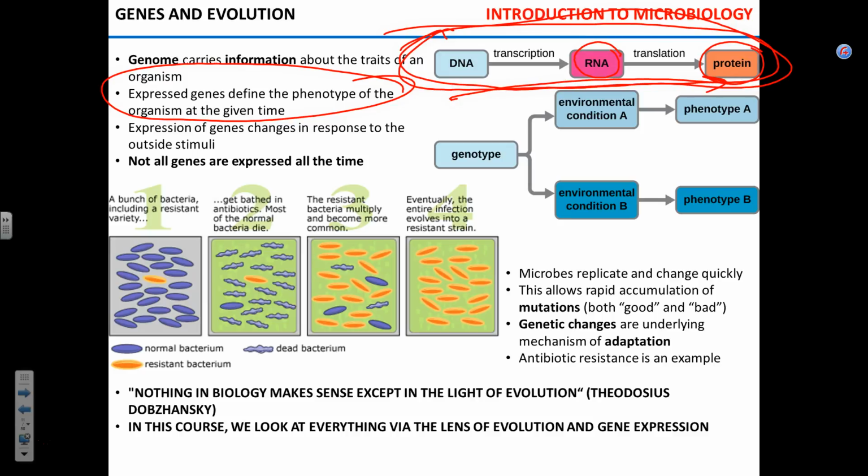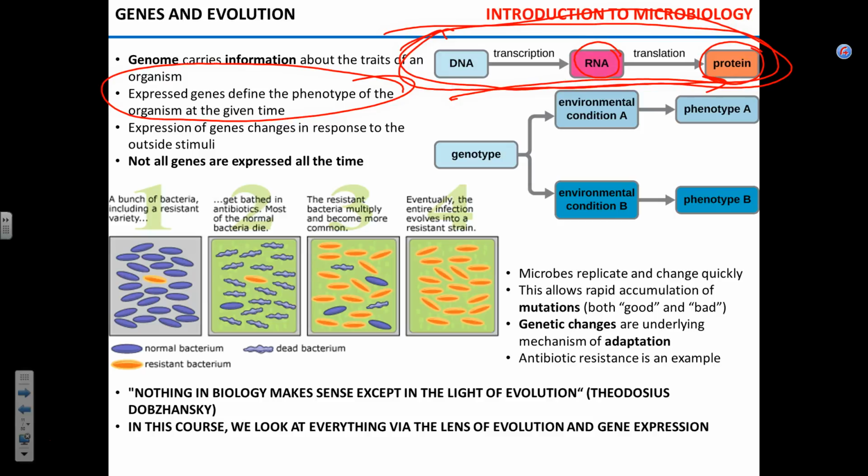Okay? Now, what defines genetic expression? What defines expression of genes? Environment. Say again? Well, phenotype is what comes out of the expression, but what is responsible for the way we look?